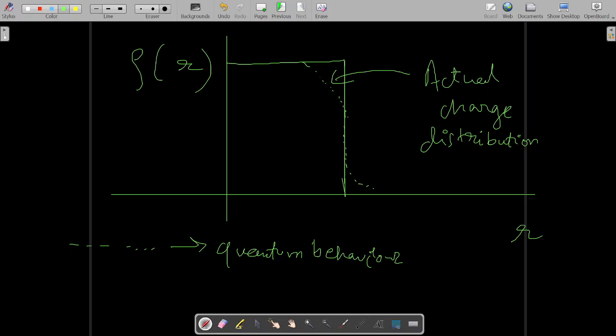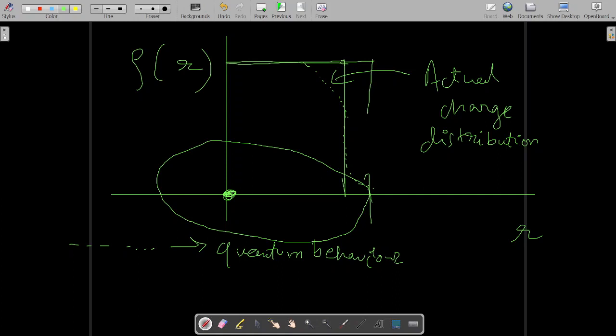That means that when we start moving away from the nucleus, suppose I draw the nucleus like this, and suppose this is the center of the nucleus. Then ideally, as we move away from the nucleus and as soon as we reach the edge of the nucleus, the graph should fall abruptly like this.